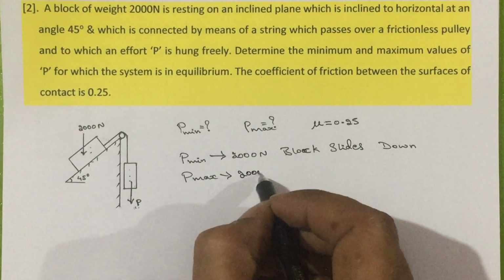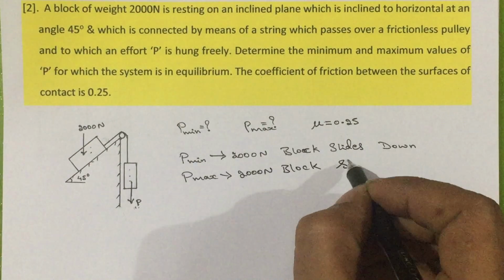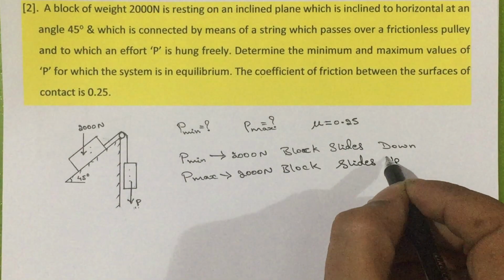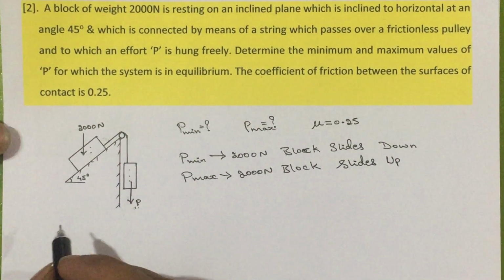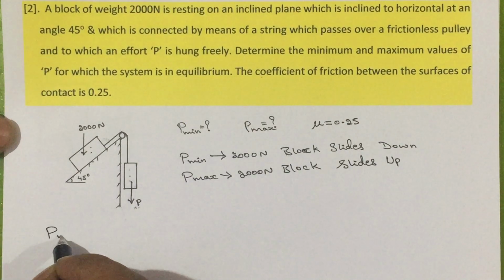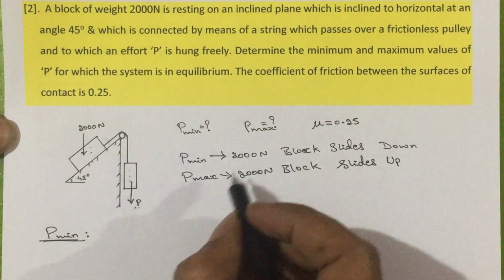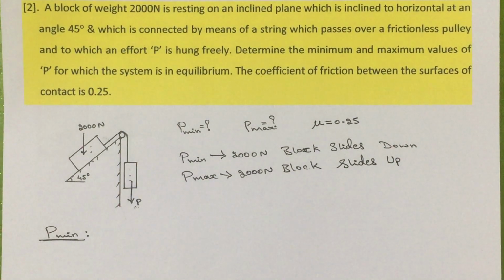So, the 2000 Newton block slides upwards. Okay. So, first let us calculate P minimum. Which case? P minimum. Nothing but the 2000 Newton block sliding downwards.